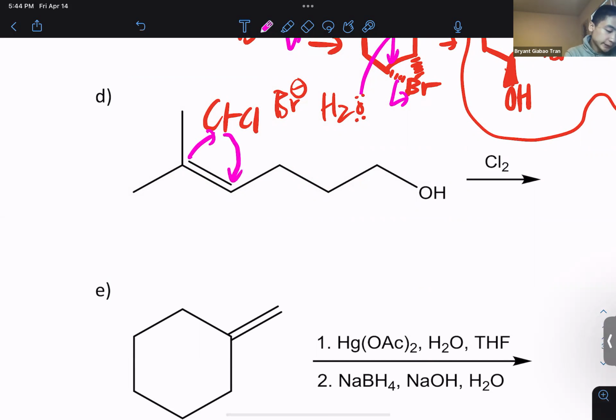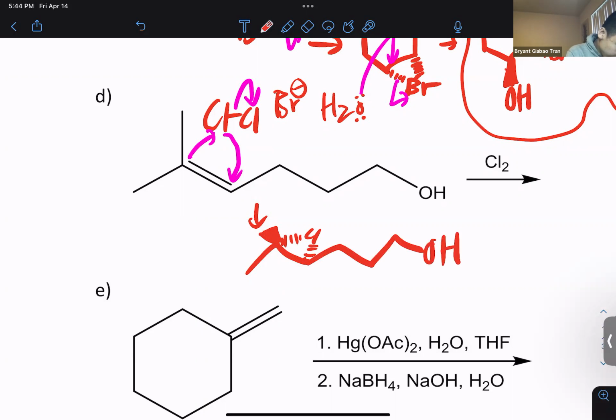The chlorine will come back, attack the other side of the alkene, kick out the chlorine leaving group. And that would give us, say, this chloronium ion. Okay, and then we have the Cl minus group floating around.